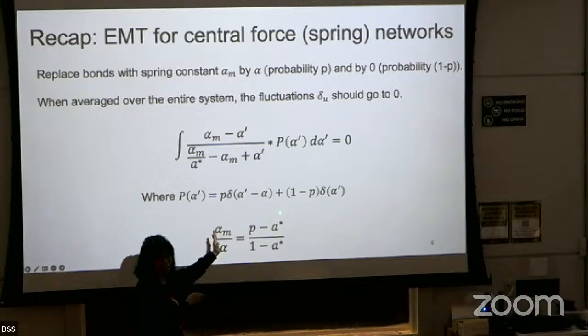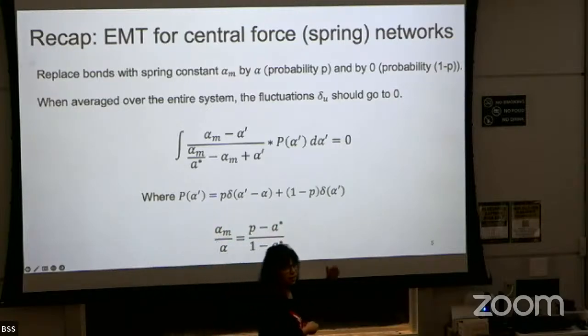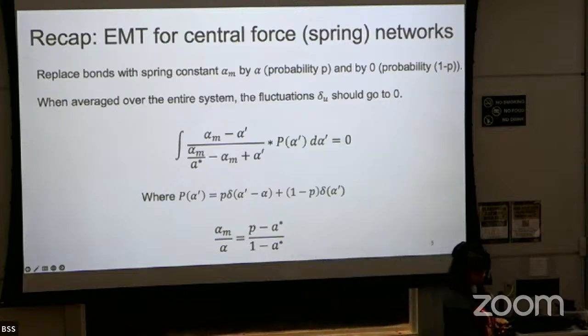So that doesn't mean anything. That's unphysical, right? So this effective medium solution is only valid when p is greater than or equal to a star, right? And a star basically gives you pc, which is the rigidity percolation threshold, right? So at p equals pc equals a star, it will be 0. And then at p greater than a star, you will see in this case a linear dependence.